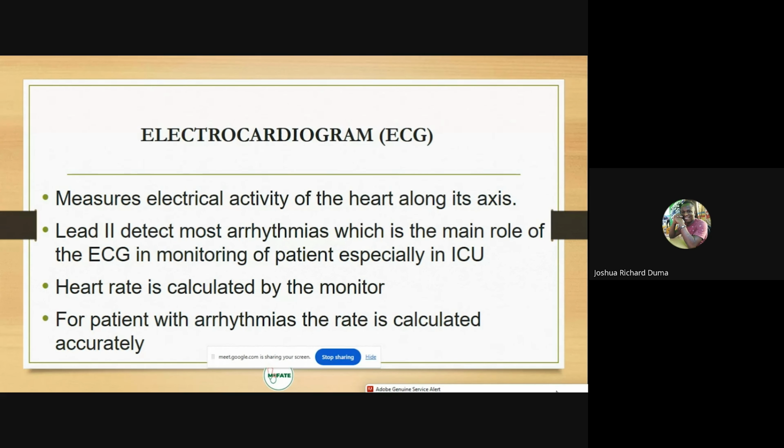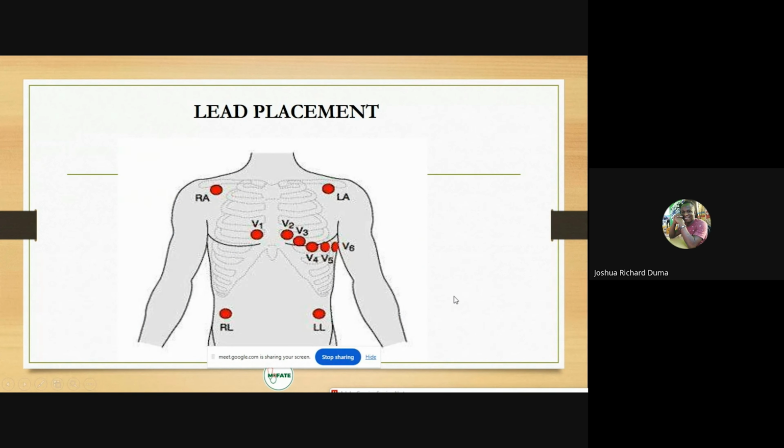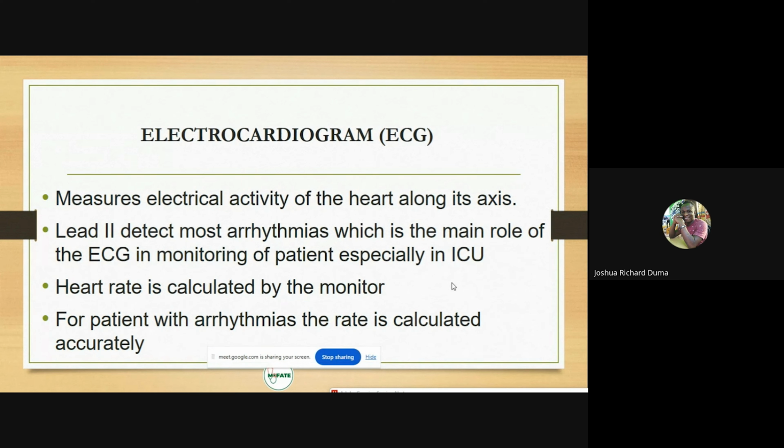So, that was a short explanation of the importance of ECG. As I've said, ECG is a non-invasive procedure. ECG detects the electrical activity of the heart, and the electrical activity tells different things.